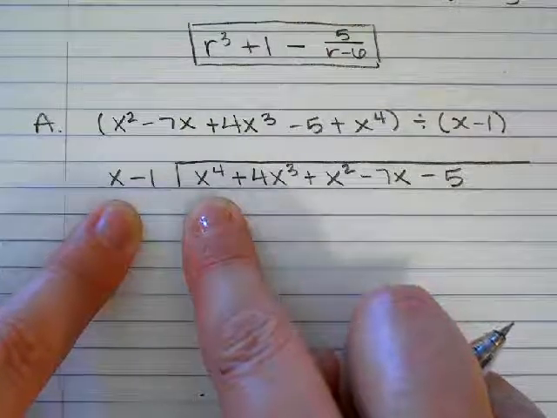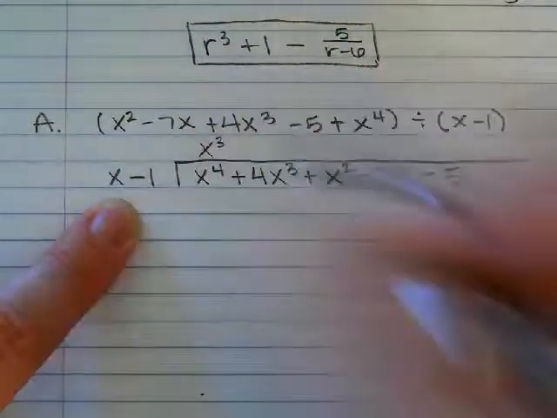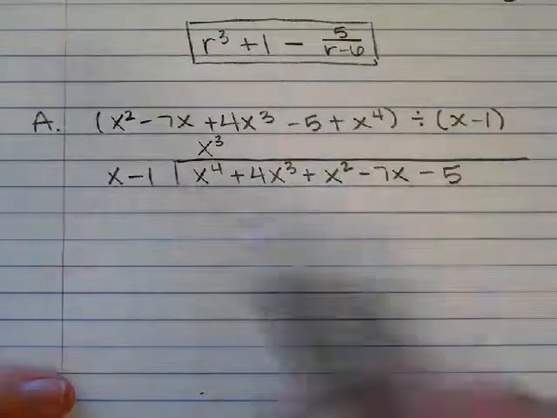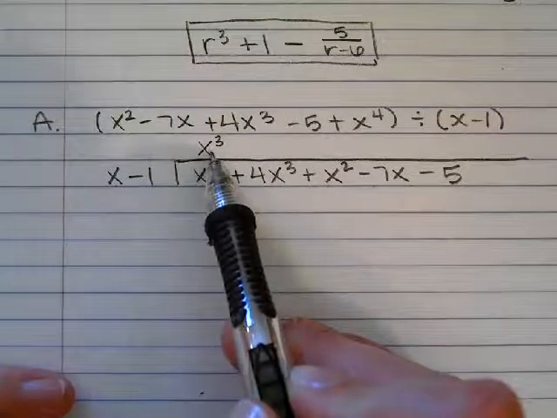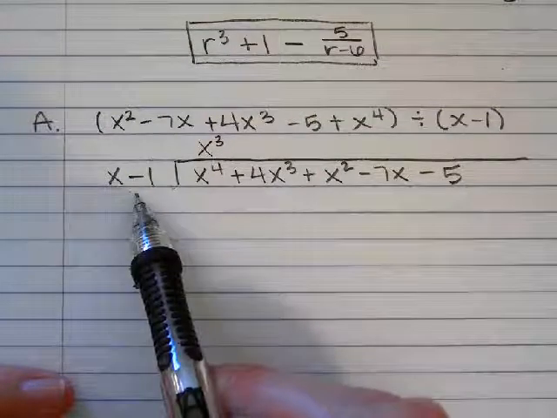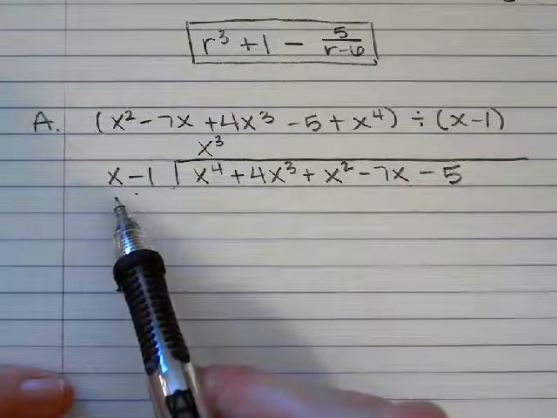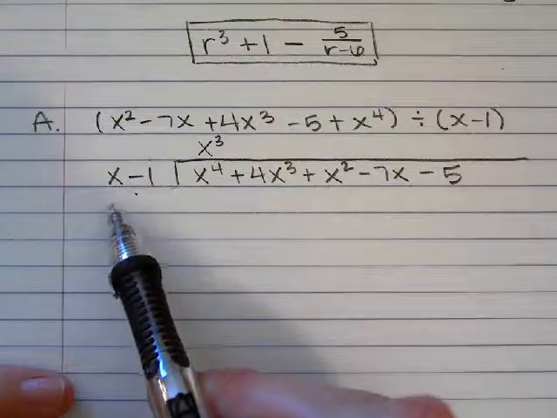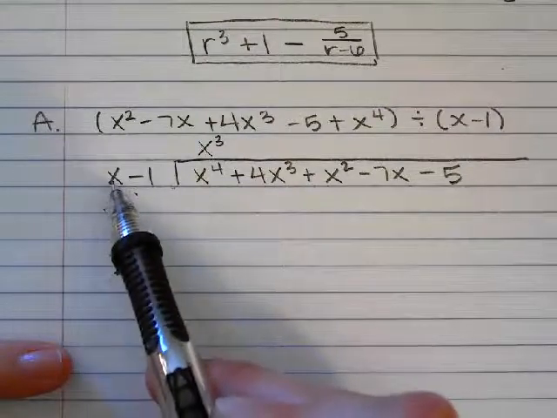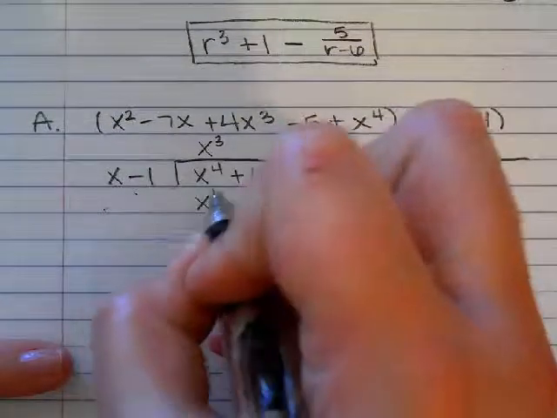X times x to the third is going to give you x to the fourth. So I'm writing an x to the third on the top. And then I take that x to the third, I multiply it by the two terms in front. And when I multiply it by each of the terms in front, what do I get? X to the fourth minus x to the third.